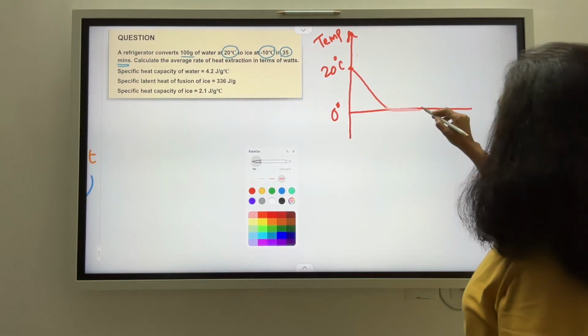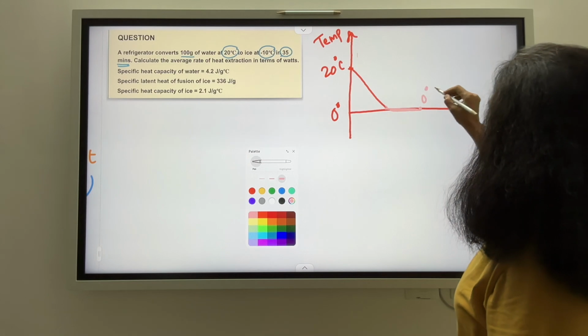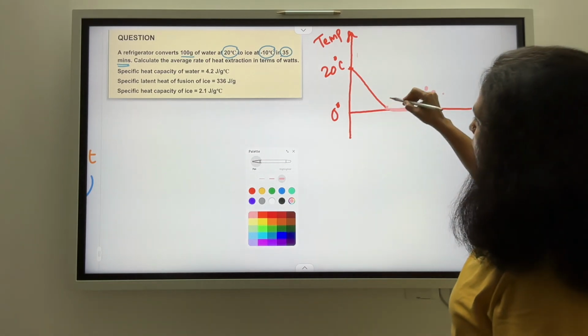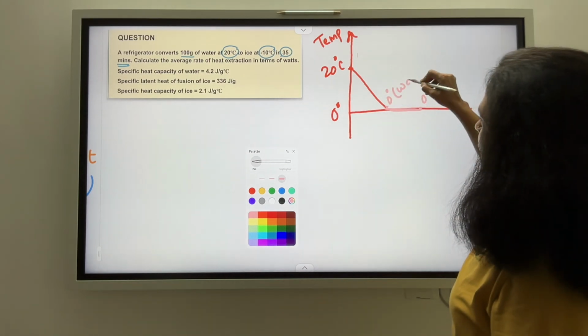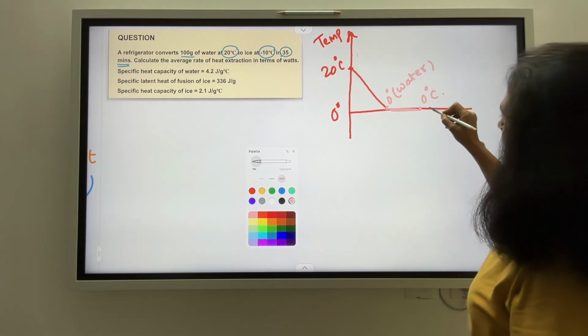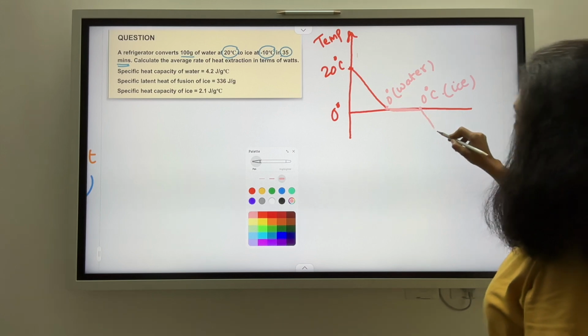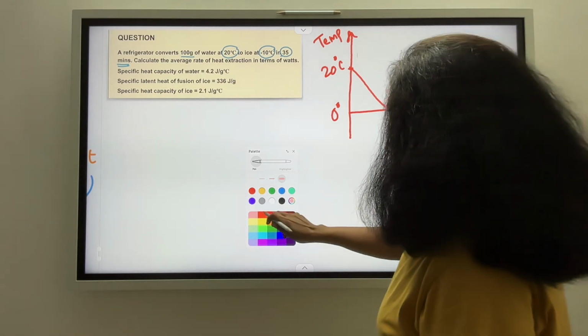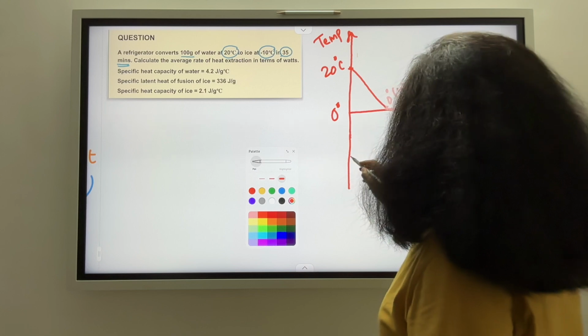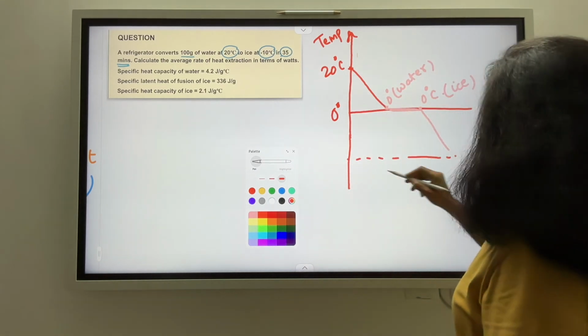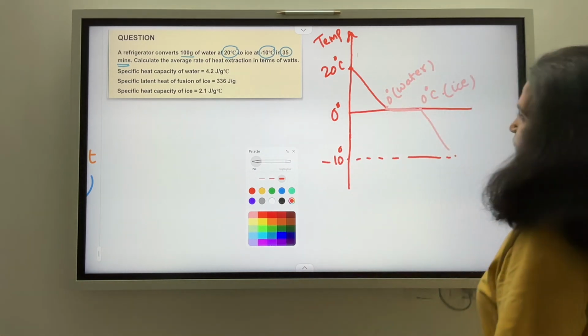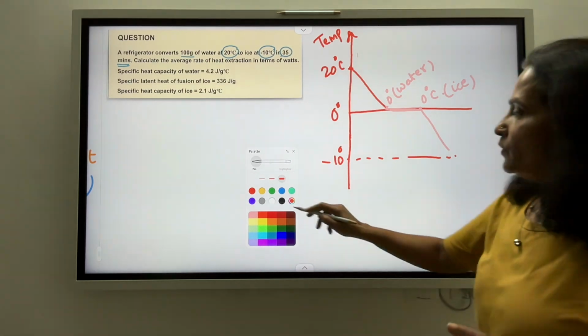So this was water at 0 degree. This is ice at 0 degree. And now this ice at 0 degrees is further cooled down till it reaches a temperature of minus 10 degree.